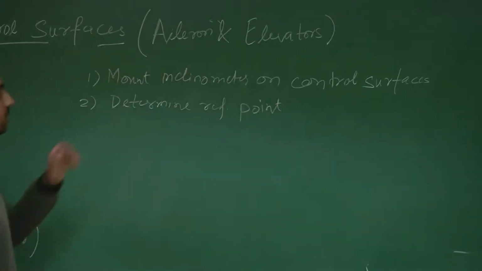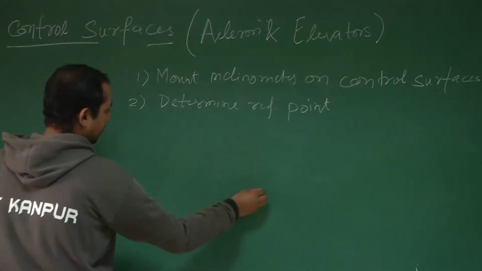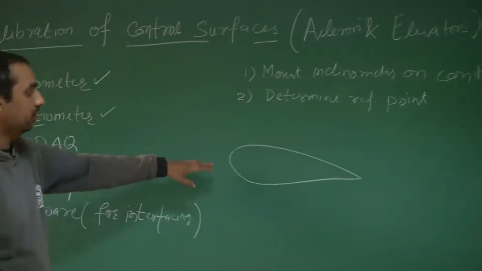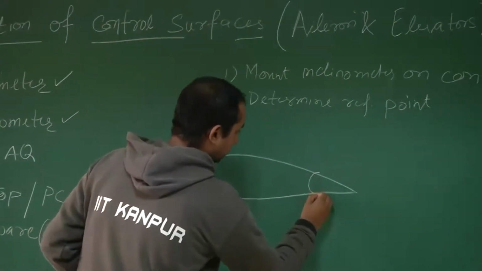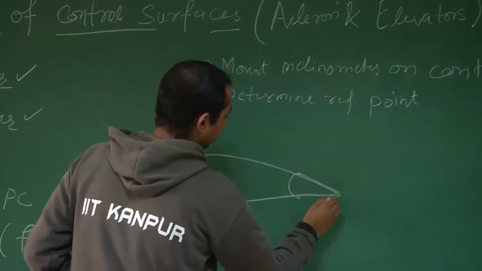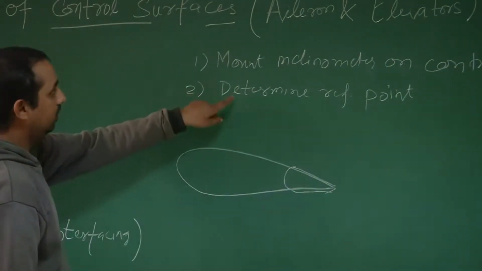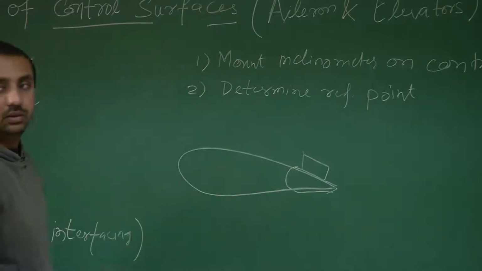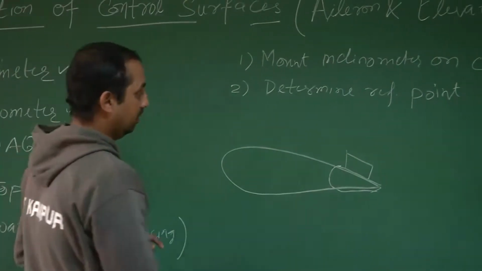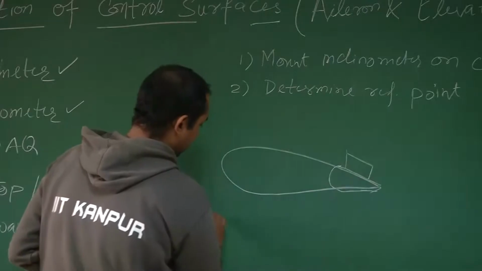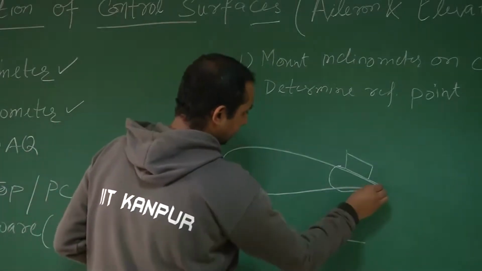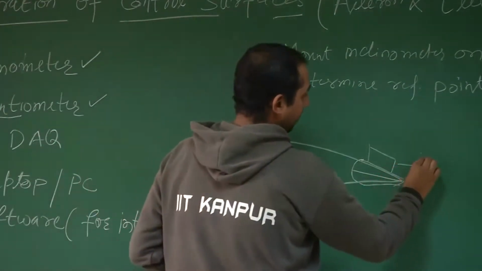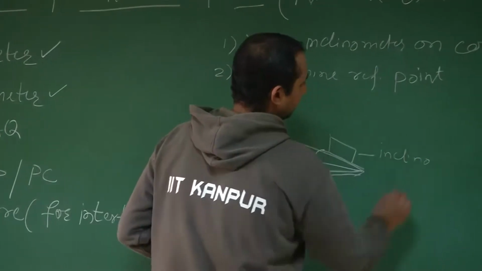Now what do we mean by reference point? Suppose this is your wing. This is a 2D section of a wing, and you have a control surface somewhere around here. This inclinometer will be mounted on this particular control surface for which you have to do calibration. Now as you can see, suppose this is your ground, this is not exactly parallel to the ground. So by default your inclinometer will be giving you some reading.